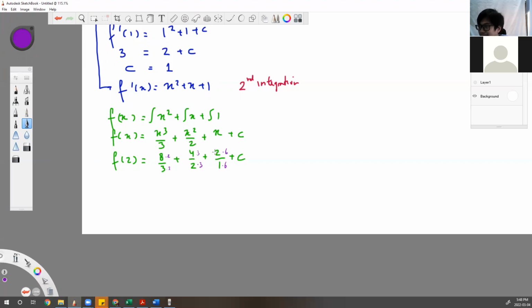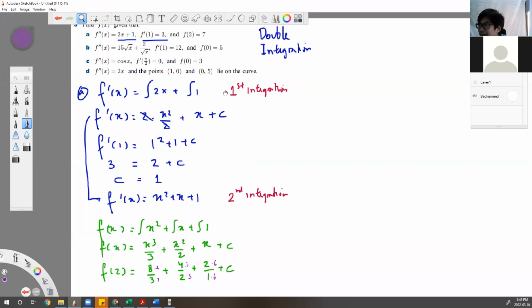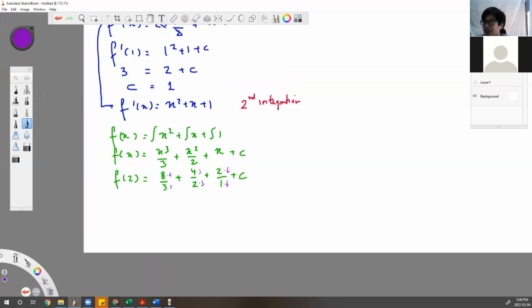f(2), what is f(2)? Wait, I forgot. f(2) is 7, right? So you do double working on one question. 7 equals, everything is over 6, plus C. 16 plus 12, right? 16 plus 12, 28.